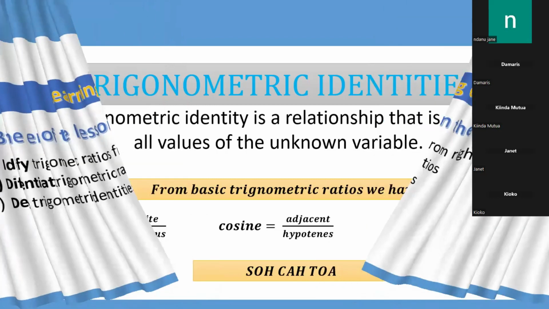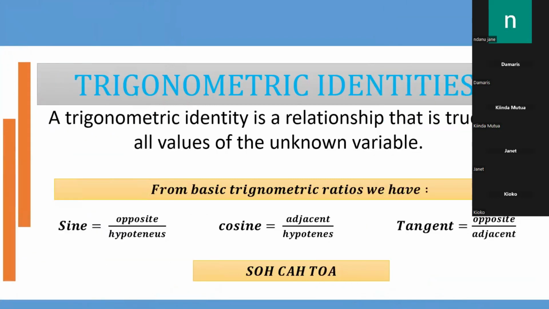A trigonometric identity is a relationship that is true for all values of the unknown variable.